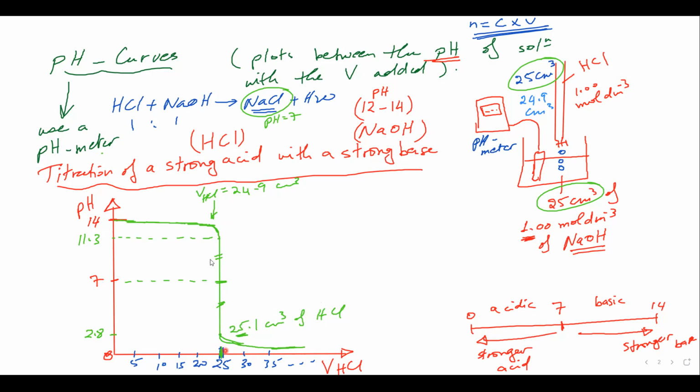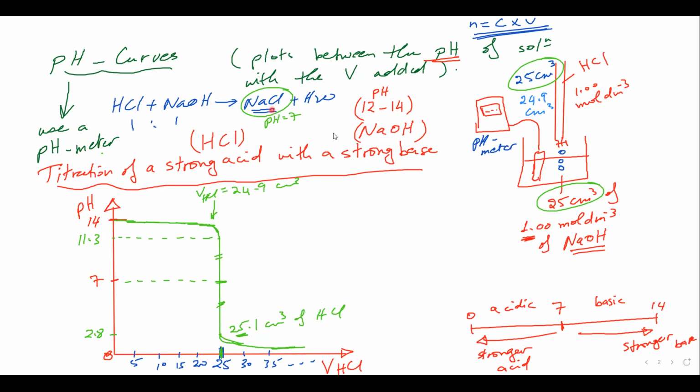This is the volume of HCl you added, which is the 25. This is the volume of HCl, right? So when you added 25 centimeter cube, what happened to the solution? Didn't it all turn to sodium chloride? Right? Yes. So it turned to sodium chloride, and so the pH dropped, right?